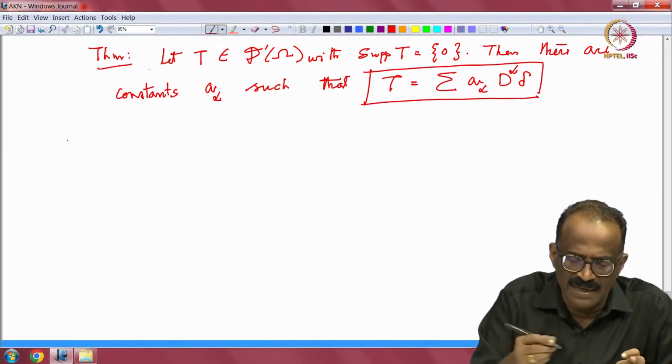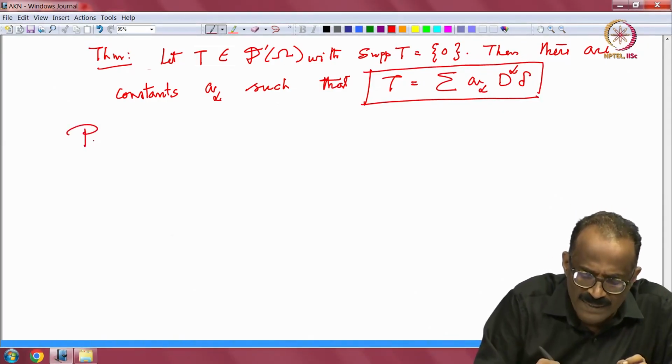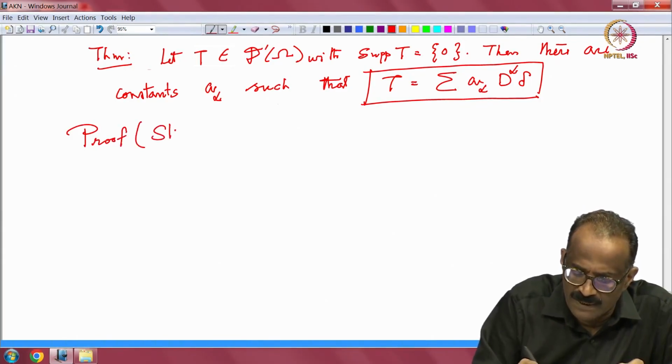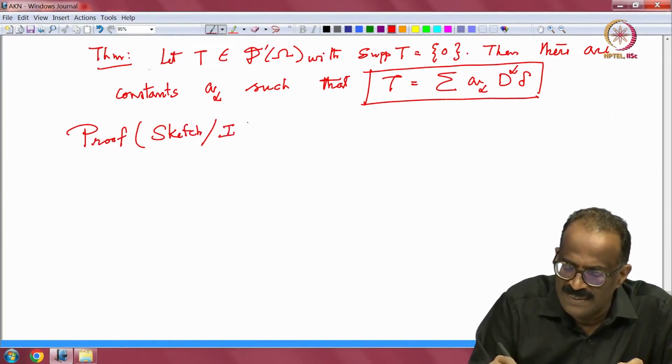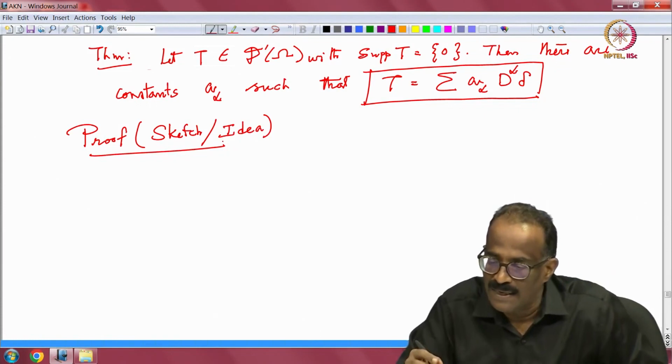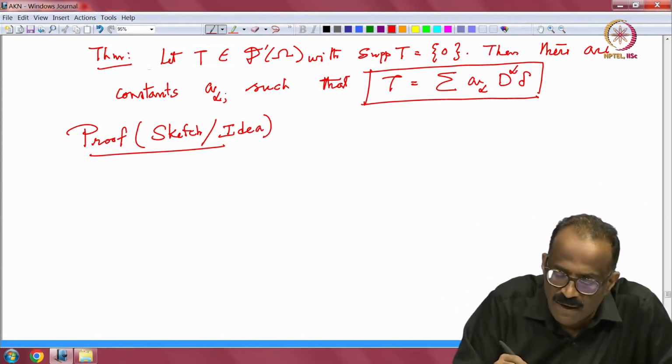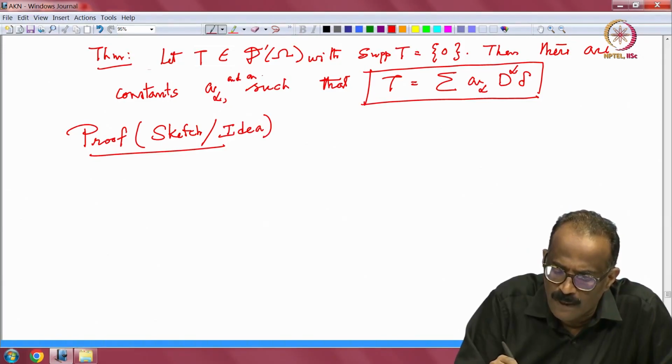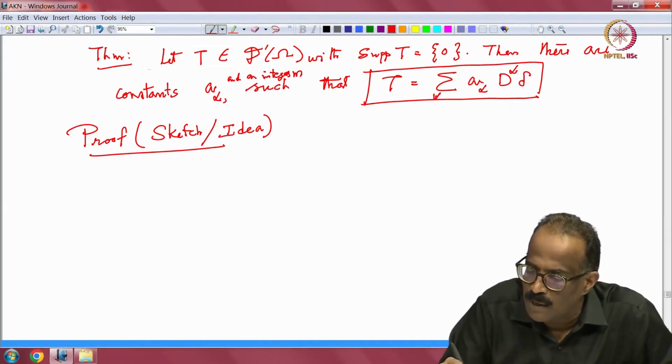So, let me make the remarks, the proof sketch or idea. Basically, there are constants A alpha and a finite non-negative integer m, with mod alpha less than or equal to m.